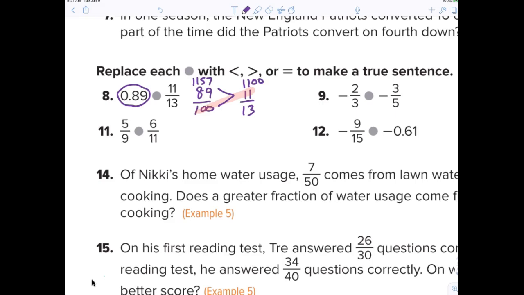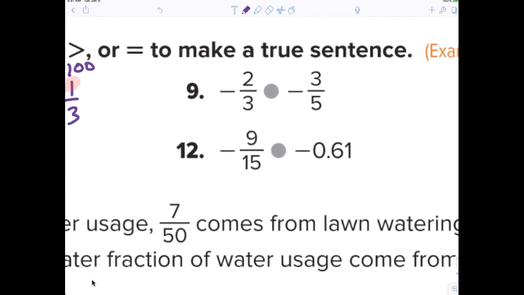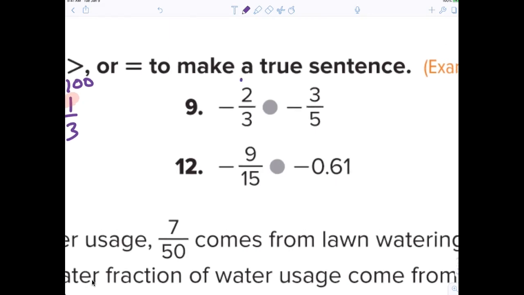All right, so let's look at number 9. All right, now this one is where kids had trouble. All right, so what's 2 times 5? 10. All right, and 3 times 3. Right? So this would be our 10. Now keep in mind it's what though? Negative 10, right? And then 3 times 3 is what? Negative 9. So now negative 10 is what?